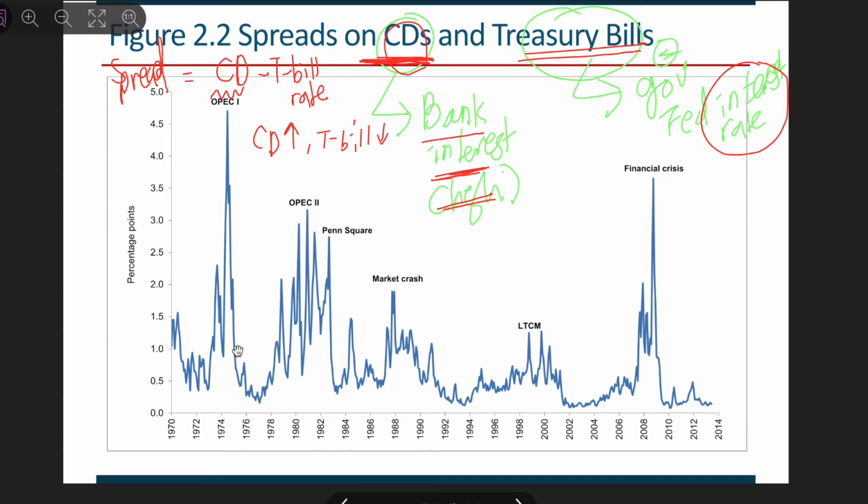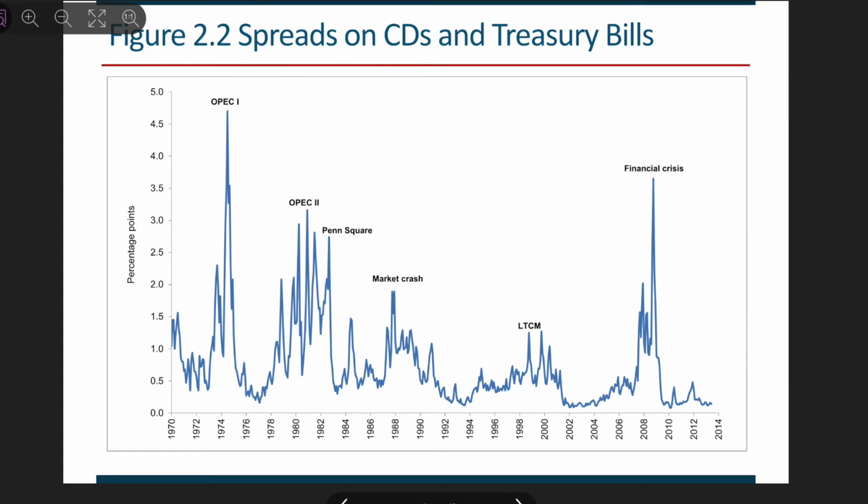So let's see, we are having 1, 2, 3, 4, 5, 6 big spreads on CDs and treasury bill throughout the years. So what happened? This is the OPEC oil shock, right?